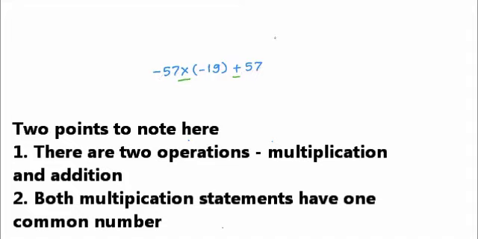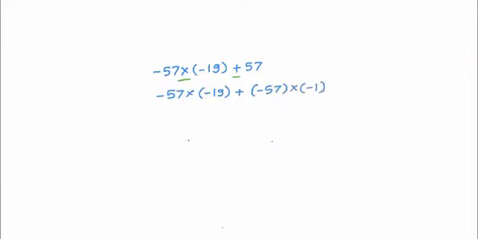So I am able to write this as minus 57 into minus 19 plus, in bracket, minus 57 into minus 1. Plus 57 can also be represented as minus 57 into minus 1, because the product of their weights is 57 into 1 is 57. Two minus signs result into plus. So plus 57.